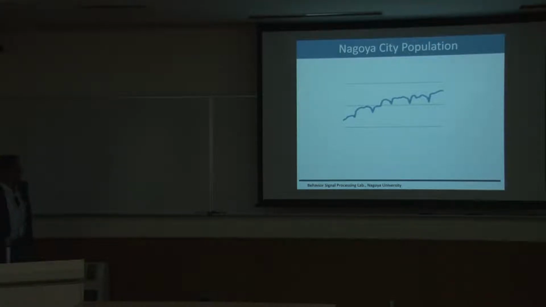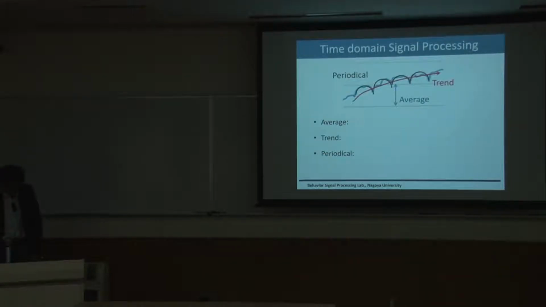And by means of this mathematical representation, we can calculate some properties which are behind the observed signal, based on very fundamental calculations like adding or subtracting or things like that. In this case, this is a zoomed-up part of the line of the signal which I showed in the previous slide, Nagoya city's population.